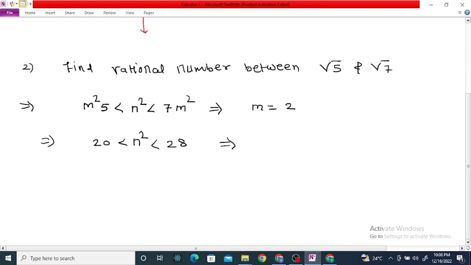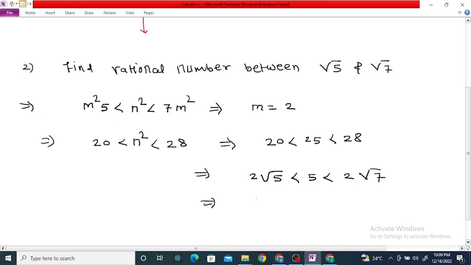The perfect square which lies between 20 and 28 is 25. So 20 < 25 < 28. If we take the square root on both sides, we get 2√5 < 5 < 2√7.